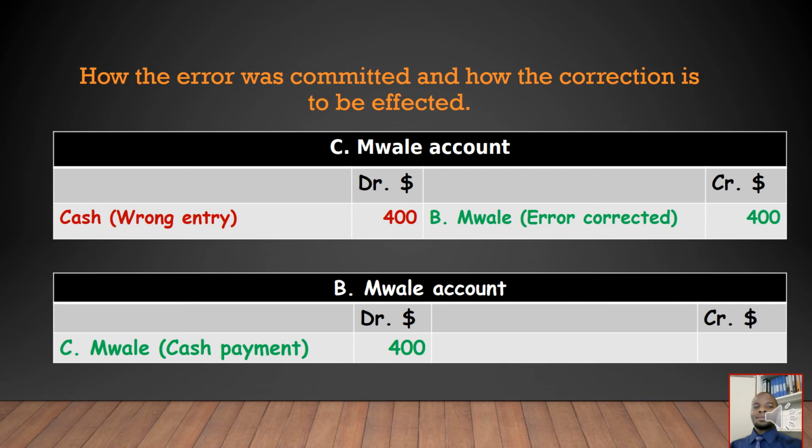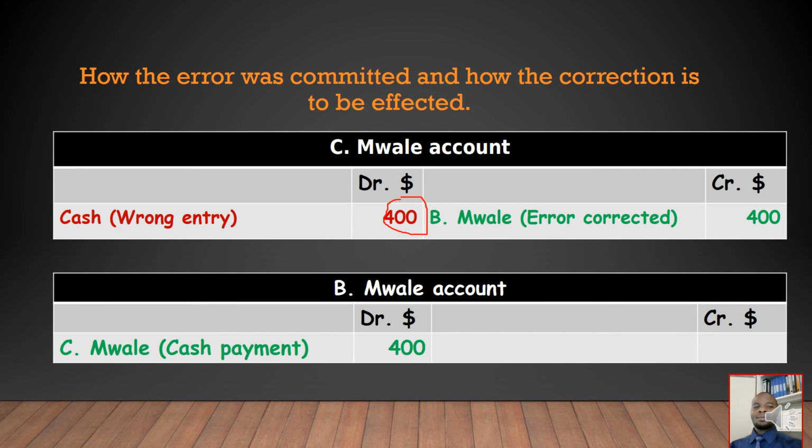How should we do this? Let's see how this error was made. 400 entered on the debit side of C Mwale wrongly, and this is the amount that should have been entered on the debit side of B Mwale.